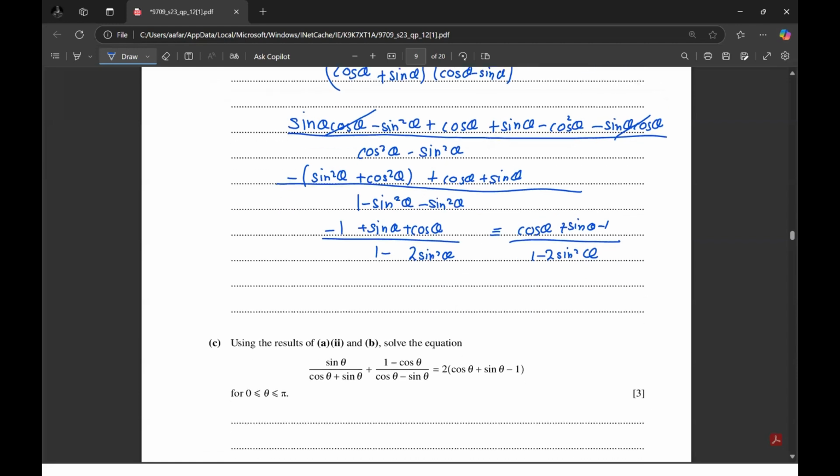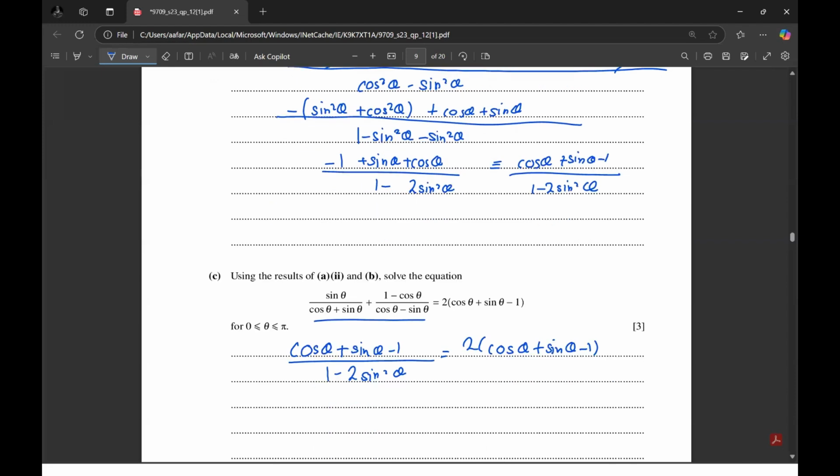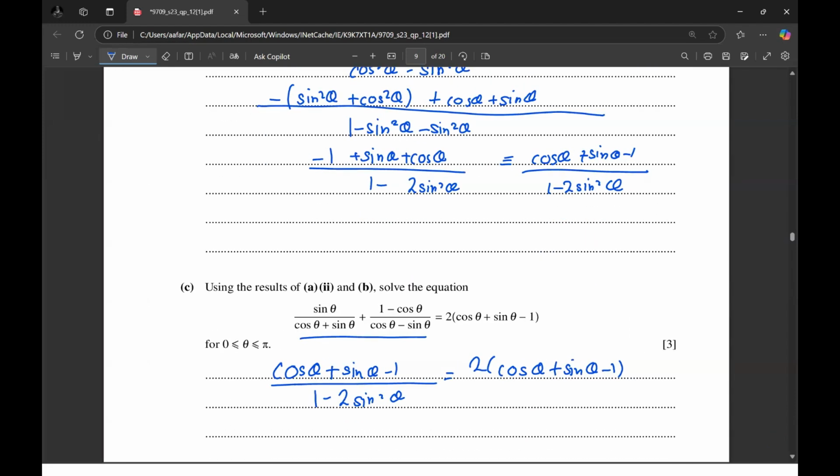So we know that this whole thing is equal to cos theta plus sin theta minus 1 over 1 minus 2 sin square theta equal to cos theta plus sin theta minus 1. So you can see that this is the same, right?